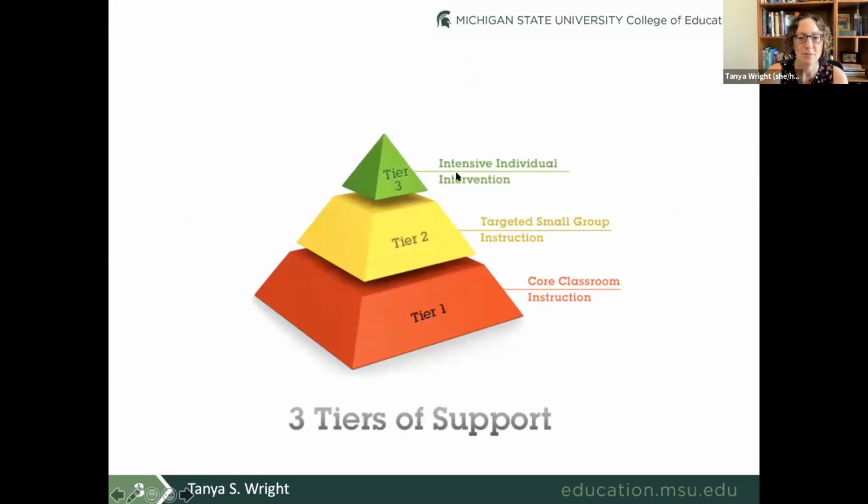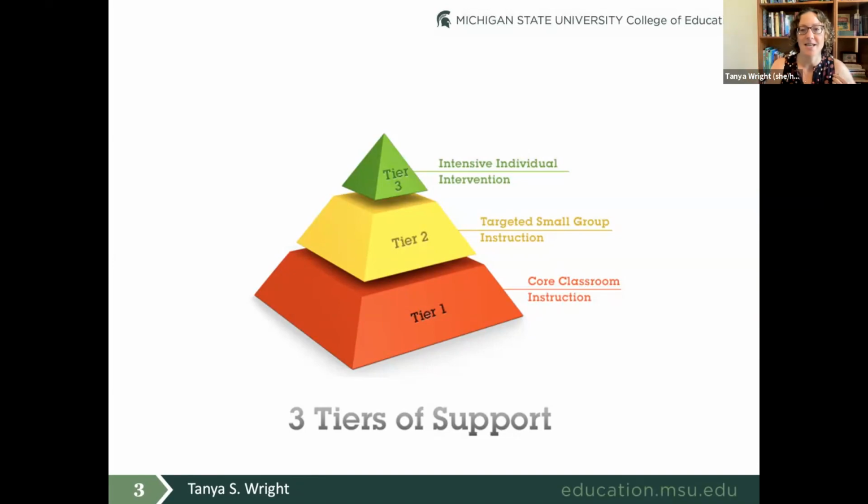Okay, so what do we mean by tier 1? Well, typically we think of instruction in 3 tiers. Tier 1 is the core classroom instruction that all children receive. Tier 2 is targeted small group instruction, which is supposed to supplement or be in addition to tier 1 instruction. So that's really important, right? Kids are not supposed to be pulled into tier 2 groups instead of classroom instruction. It's not supposed to supplant classroom instruction.